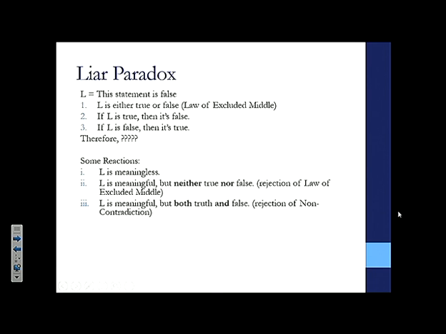This isn't the only kind of problem for principles of classical logic. But even the logicians who think that the law of excluded middle or the law of non-contradiction are false, they'll still say that there's a restricted set of sentences or propositions for which these principles do hold. And you only get these weird cases when self-reference gets in the mix, when you get sentences that refer to themselves.